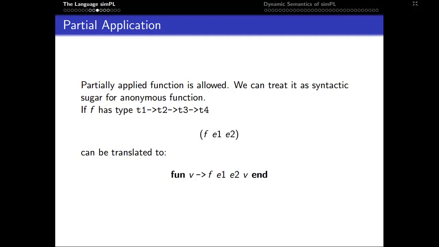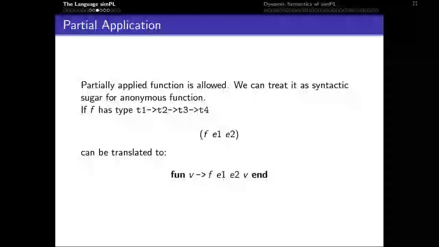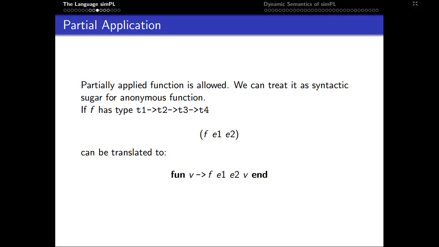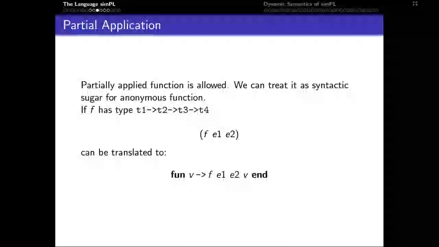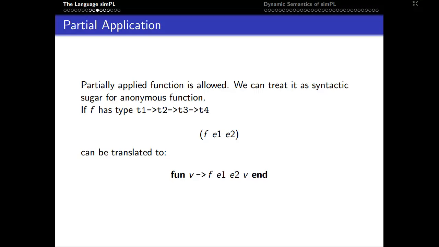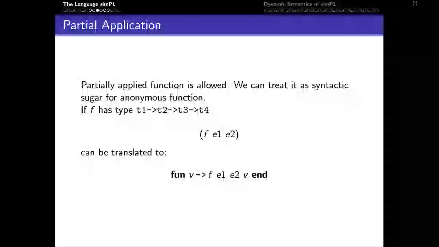So actually we can think of it as 3 tiers. I take f, I apply it to T1, I get a function that gets an argument of type T2, and that application returns a result, which is a function that takes an argument of type T3 and returns a result of type T4.